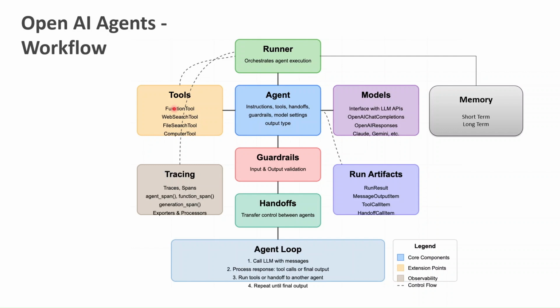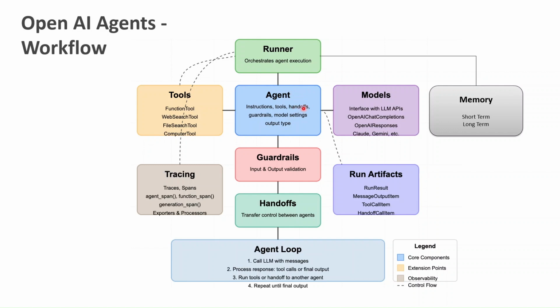It can have stocks and Yahoo Finance related search as well, file search and computer use, for example, local directory exploration. All this can be wrapped into the tools. So tools are very important components in OpenAI agents. Some tools are inbuilt, offered by OpenAI, and in the marketplace also they are available. And most of the time you will be building your own tools.